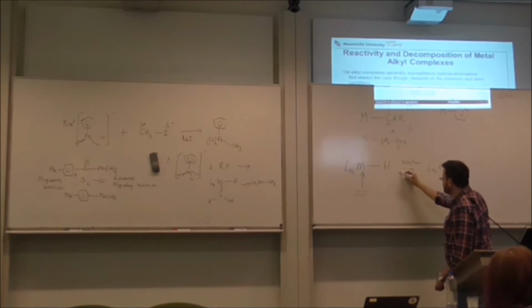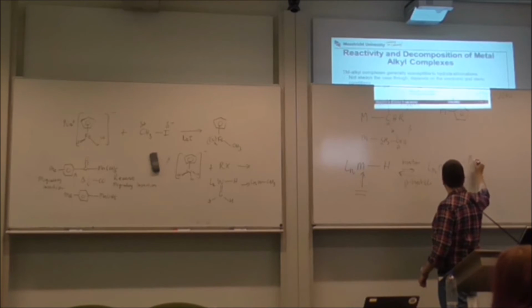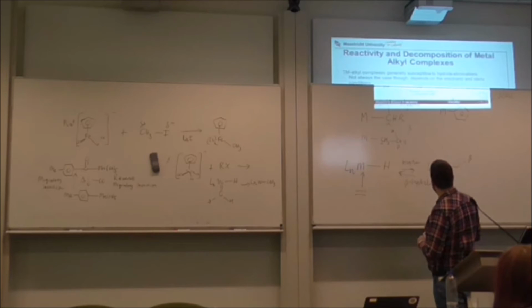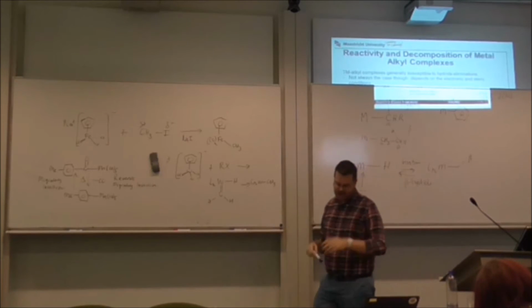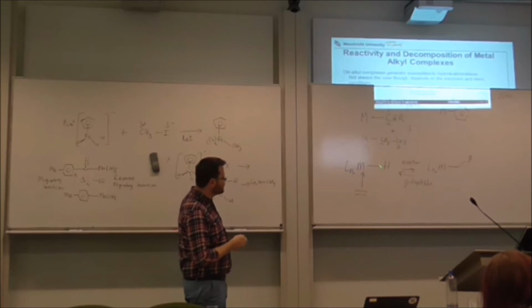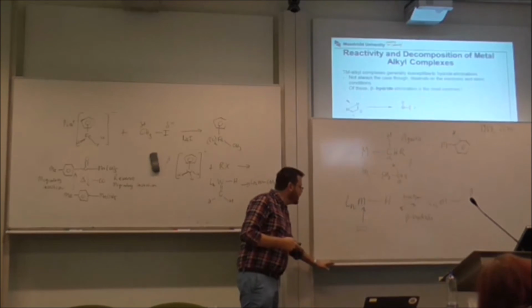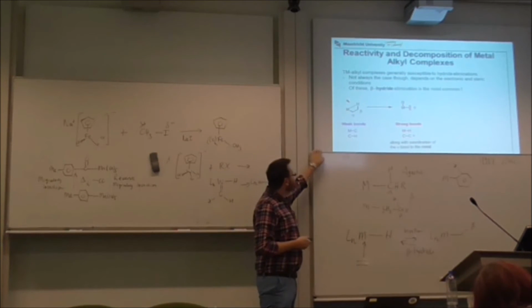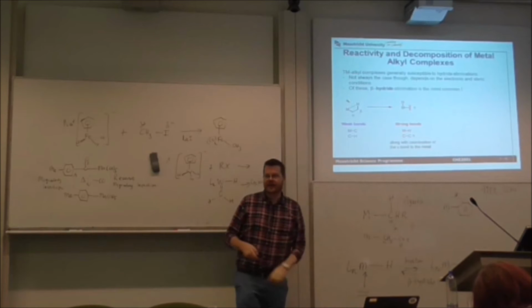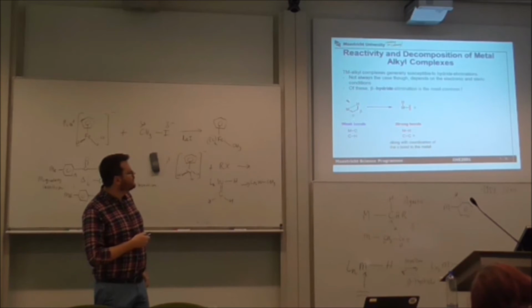Beta hydride elimination is the inverse of that, where we start with a transition metal alkyl that has beta hydrides and we get back to the alkene hydride. Now, this, in fact, is a more stable situation than this, right? Generally speaking. And the reason for that is, of course, the kinetic instability, as I said in the beginning, of a metal-carbon bond.